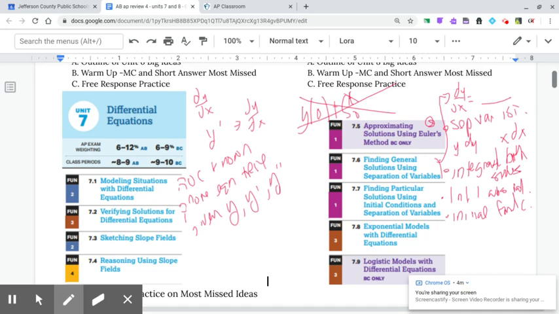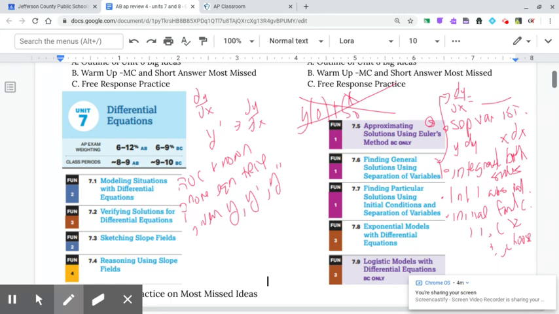All right, use separation of variables, find the plus C. And also don't forget that sometimes when you get rid of the absolute value or get rid of a square, you'll get plus or minus, and you'll need to choose based on the initial condition.